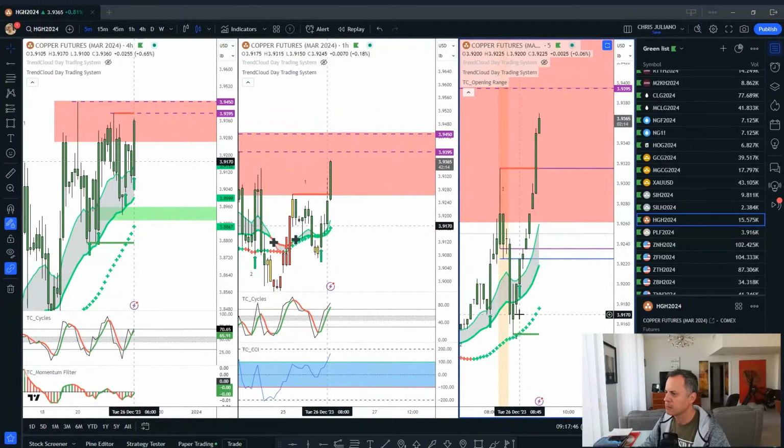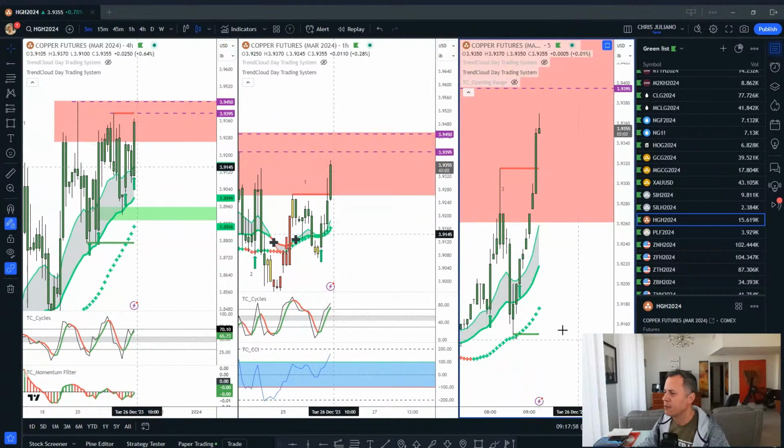Let's see here. We did get a 5 minute TrendCloud signal that we totally could have taken right here. Let's turn that off. We've got two of them actually, right? Here's 8 o'clock in the morning.